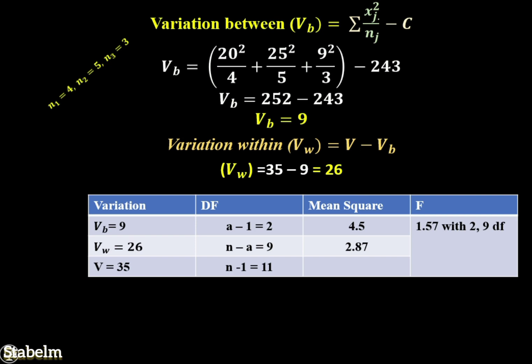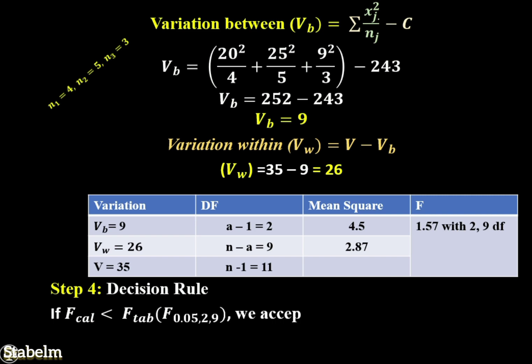Alright. The next step now is the decision rule. So how do we make our decision? We said if the F calculated is less than F tabulated, we're going to accept the null hypothesis. The F calculated here is what we have here as 1.57. If it is less than the F table, that is the F we're going to get under the table, and how do we get that?